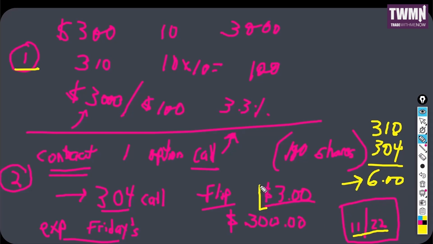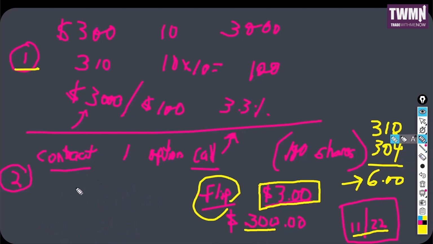Didn't I spend $3 to get the options contract? Actually, it was $300. Now it's worth $600. So if I flip the contract, what do I make? If I bought it for $300 and I sell it for $600, remember we just did the math here. Real price minus the strike of my contract means I made $300.